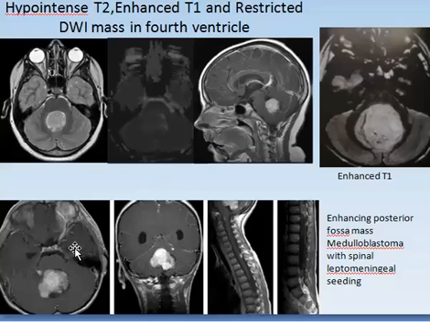And here the T1 with contrast images shows the homogeneous enhancement of the tumor bulging into the fourth ventricle with associated hydrocephalus, originating in the middle line, associated with focal seeding. Seeding can occur anywhere in the spinal cord. It's called spinal leptomeningeal seeding.